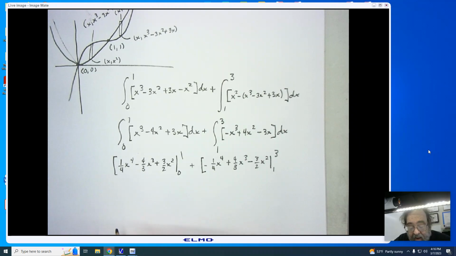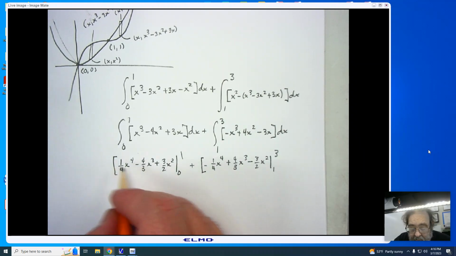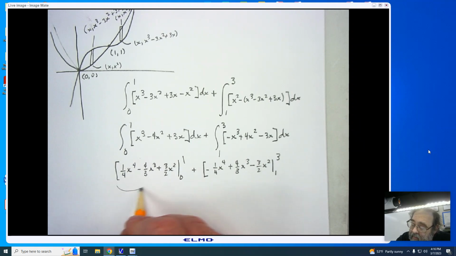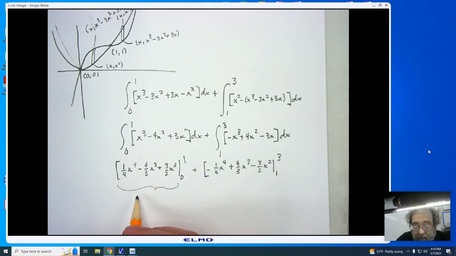We're now going to plug in our values, and as we do so, we are going to find out that this entire thing is going to give me 1/4 minus 4/3 plus 3/2 minus 0, and that simplifies to give me 5/12.